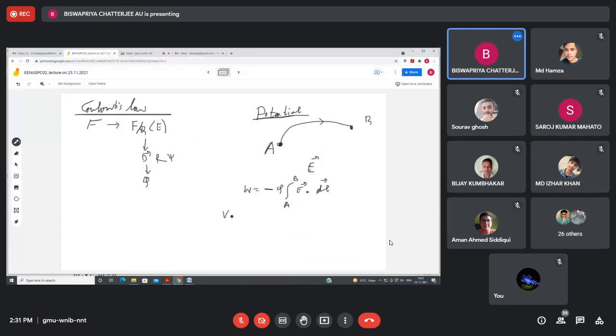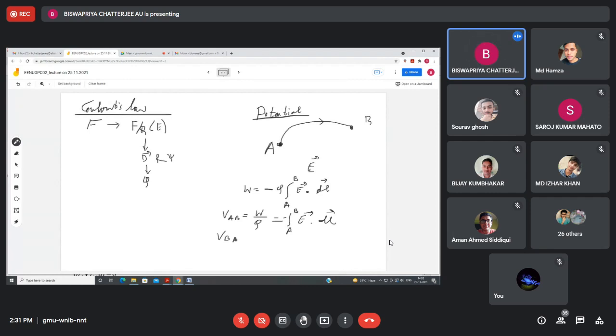Similarly, VAB is the work per unit charge, so it will be minus the integration from A to B of E dot dl. It is exactly the same relation.